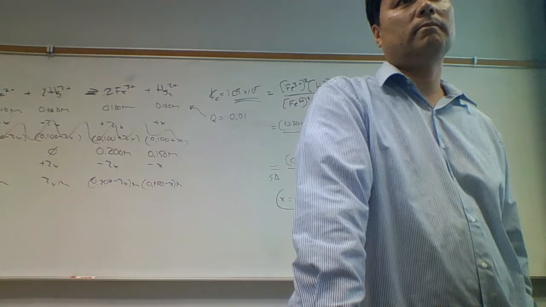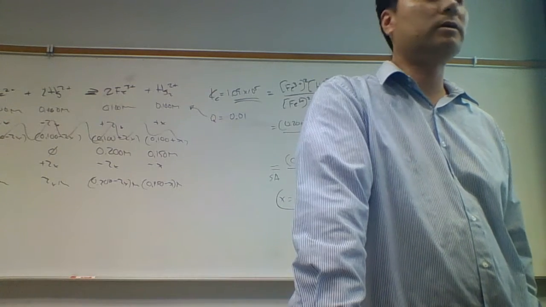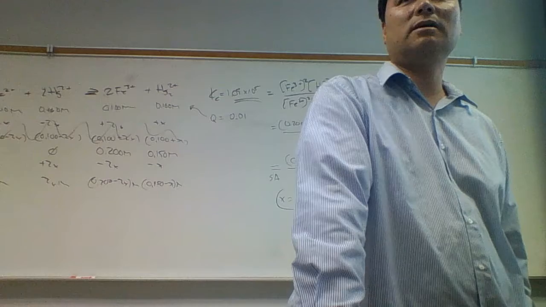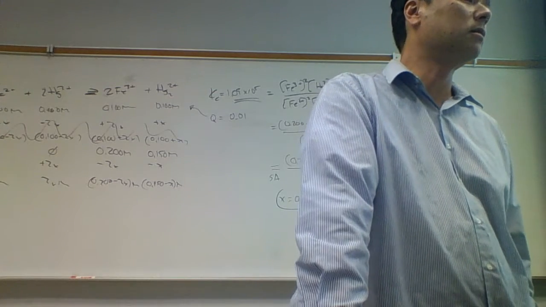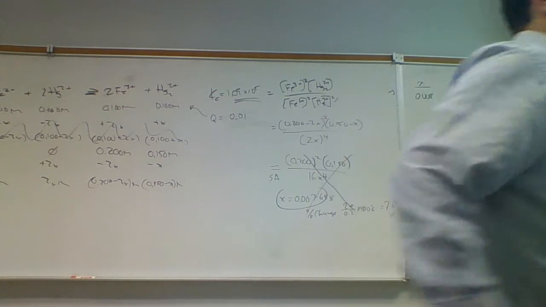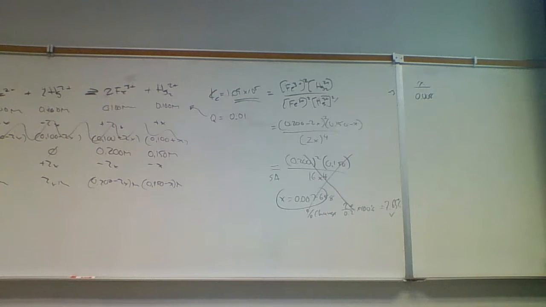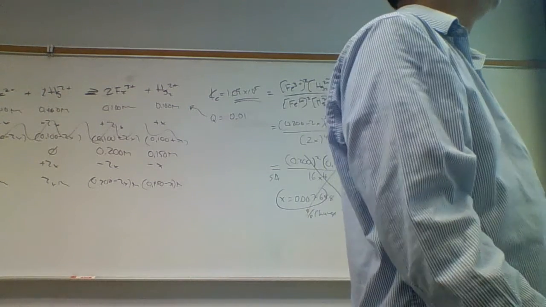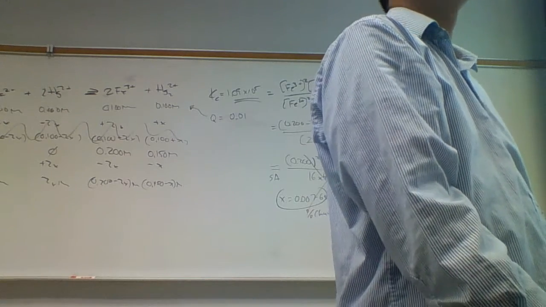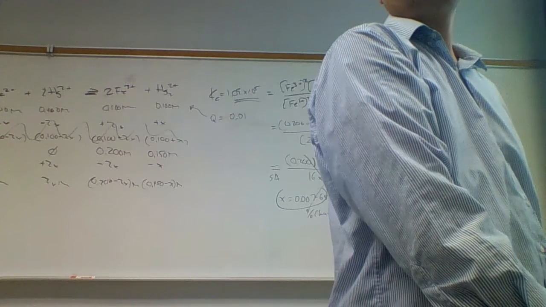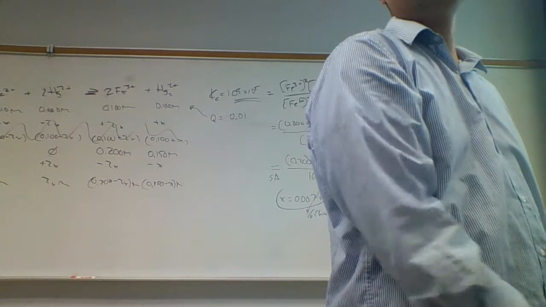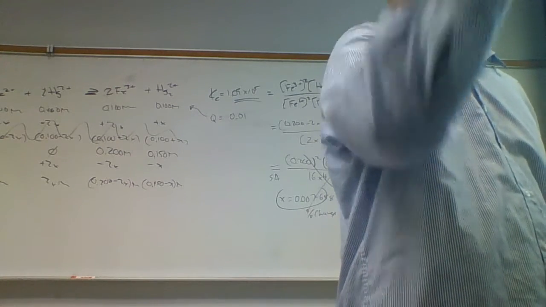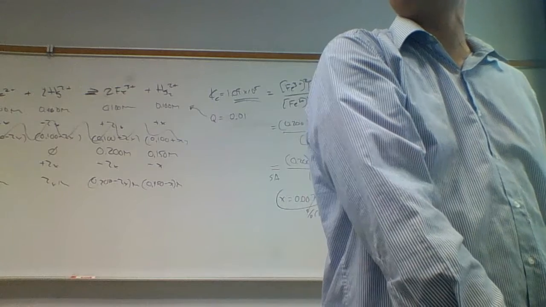And empirical equations are equations based on experimental observations. And so the correct answer for this is the equation for K was derived from experimental observations. K itself is a law. It came from experimental observations, because what people did was they just measured the product concentrations and the reactant concentrations and took the ratio.